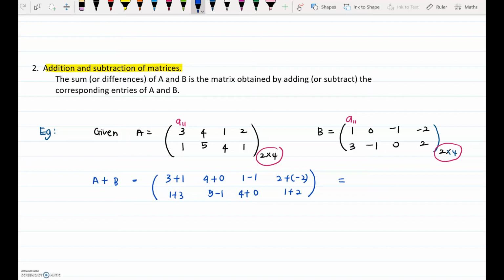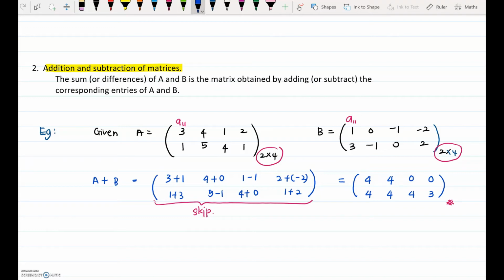When you simplify, your A plus B will be 4 4 0 0, and then 4 4 4 3. If you want to find A plus B, you can just skip the working and write the answer, that is this one.